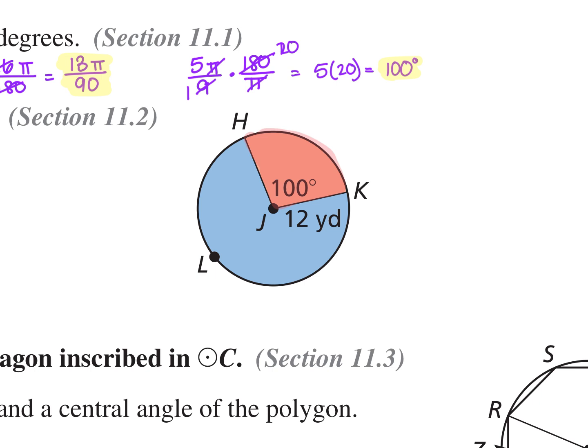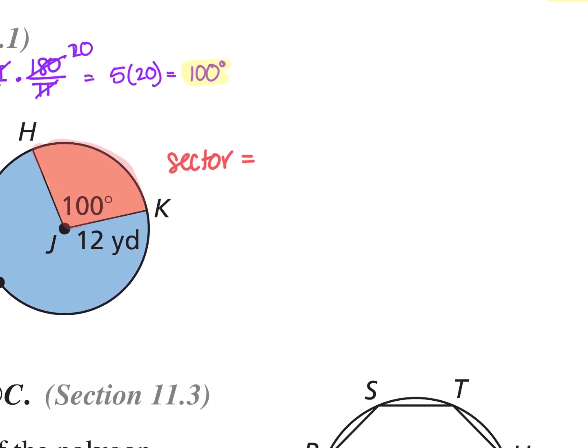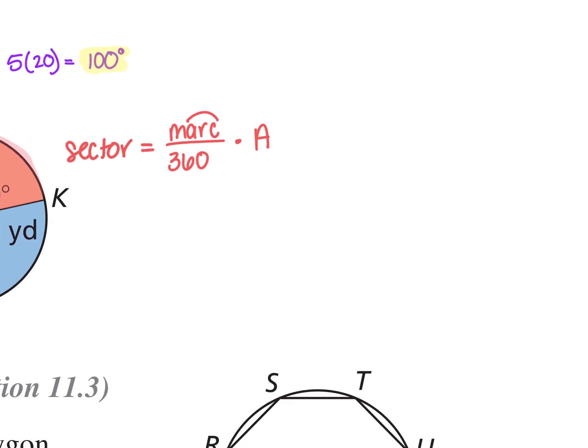So for this one, sector area, okay? Formula for this is I'm still using the measure of the arc over 360. This is times your area of the circle. And area of the circle also equals pi r squared.